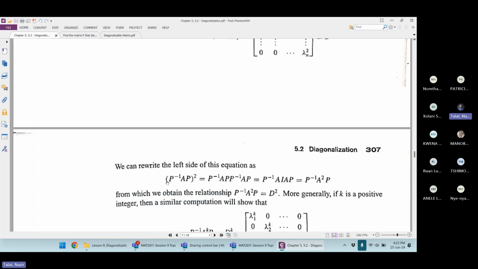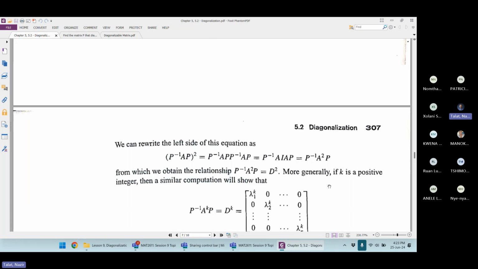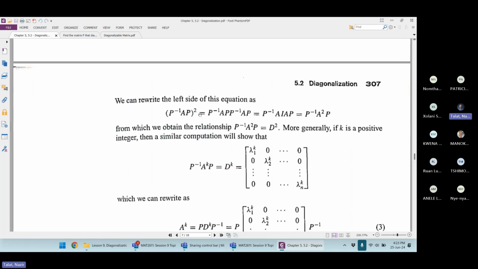So P inverse A P whole square is just P inverse A square P. And similarly, if we take any power k, then P inverse A power k P is equal to D power k.